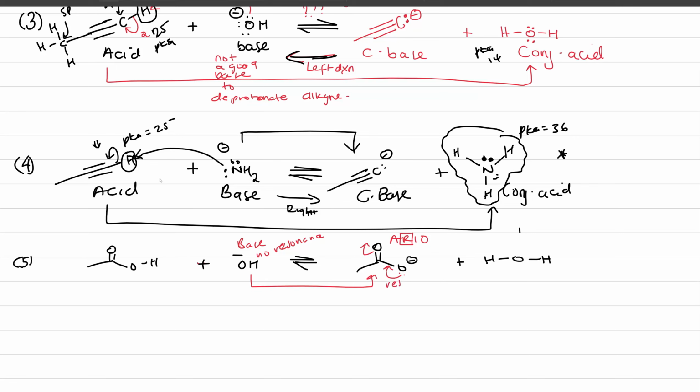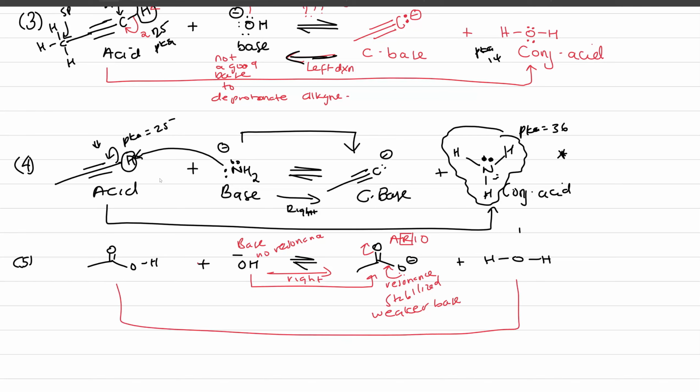This one is resonance stabilized. Anything with more resonance is going to be a weaker base. So resonance helps you determine which is the acid and the base, and which way the equilibrium is going to lie. Correct.